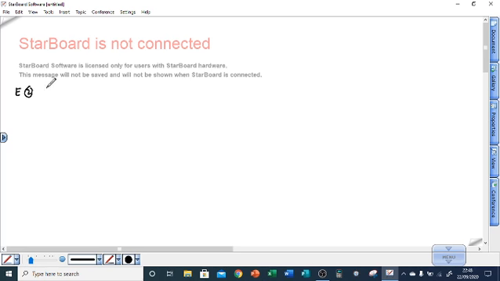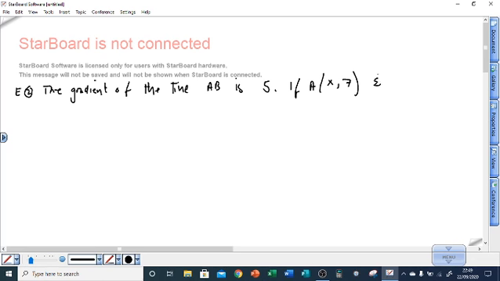The gradient of the line AB is 5, full stop, if A is (x, 7) and B is (3, minus 10). Find the value of x.